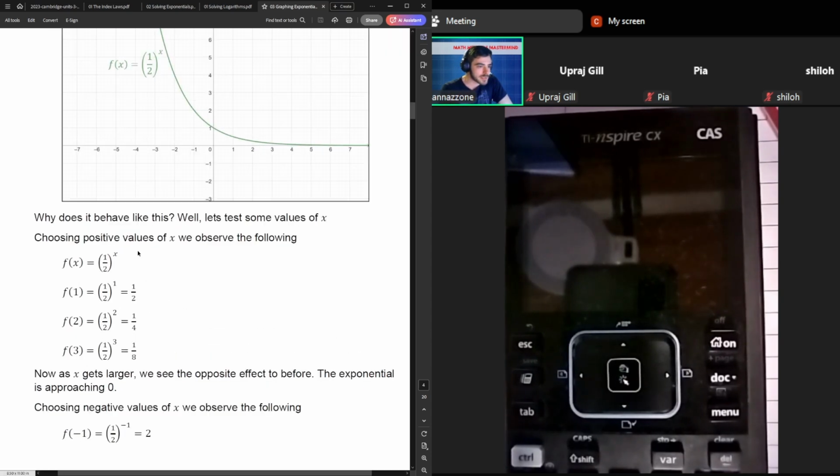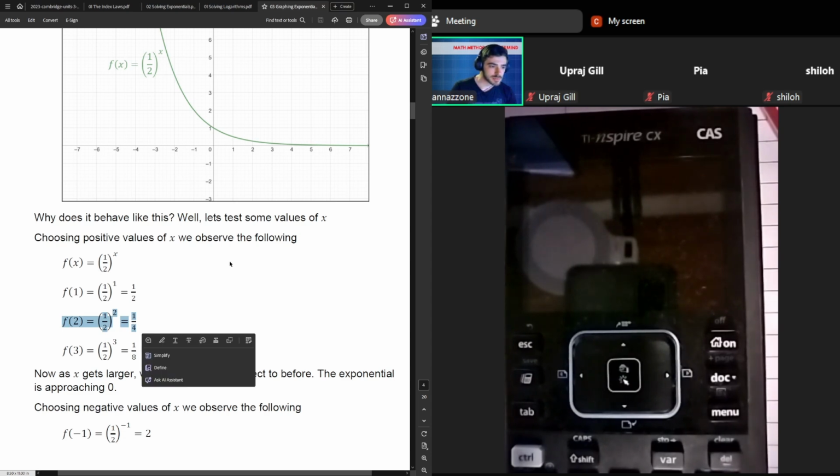The reason why it behaves like this, again, can be figured out by testing some x values. So testing some x values, you'll see that as x gets larger, the y values shrink more, because using your index laws, these powers get distributed to the top and bottom of your fraction. So if you imagine f of 2, for example, that is just 1 squared divided by 2 squared.